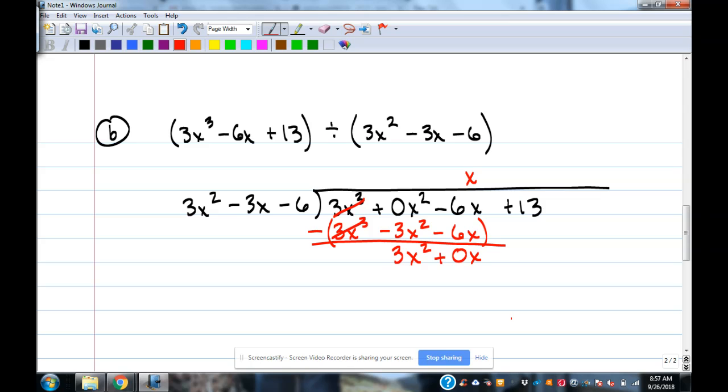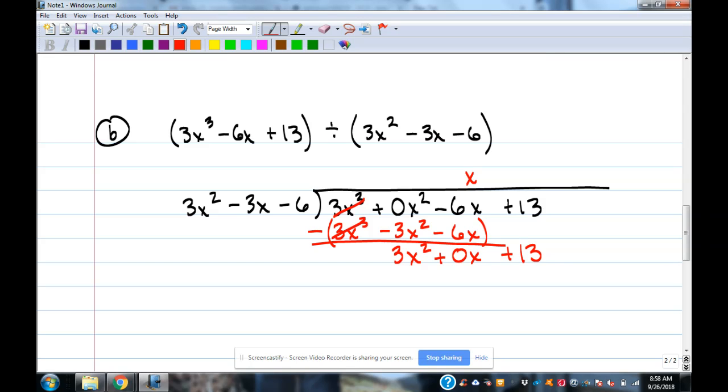I'm putting that in there, remember, because I still need a representative from every power. Even though those canceled out, we need that because I know the next step is to drop this down, right? So I'm dropping the plus 13 down. It's going to work out kind of nice.